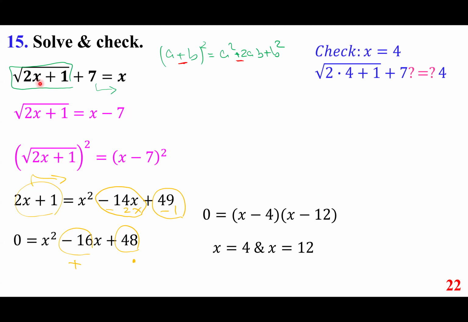We're going to put 2 times 4 plus 1 under the radical plus 7, and we're going to ask, is this equal to 4? Because we don't know. 2 times 4, 8, plus 1 is 9, comes out as 3. So this becomes 3. With 7 becomes 10. Is 10 equal to 4? Obviously, no. Therefore, x equals 4 doesn't work with the original equation.